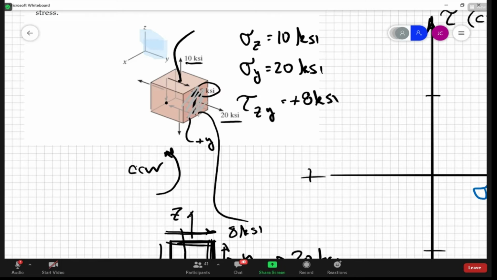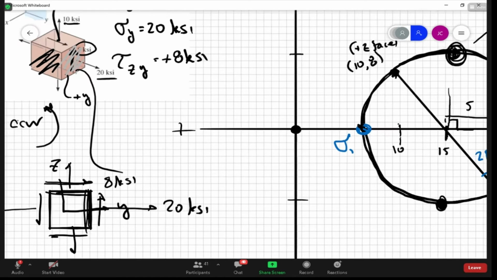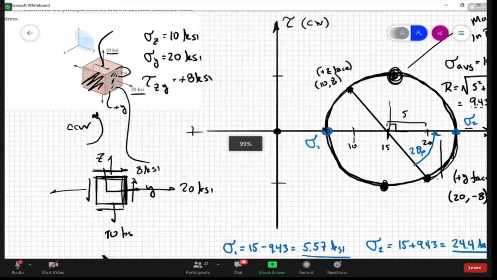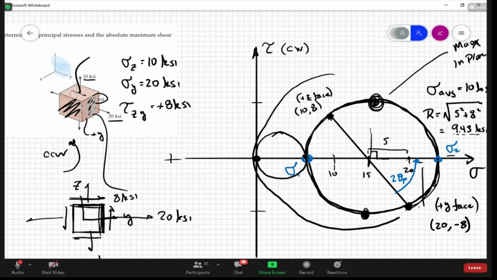So where is that going to be? This face right here on Mohr's circle corresponds to the origin. Whenever we have this planar stress state, you're always going to have one face, the out-of-plane face, lying on the origin, and that allows us to draw 2 more rotational Mohr circles. There's going to be another one that goes like this, and this is going to be the one that has the maximum absolute shear.